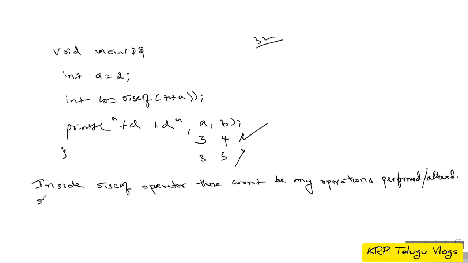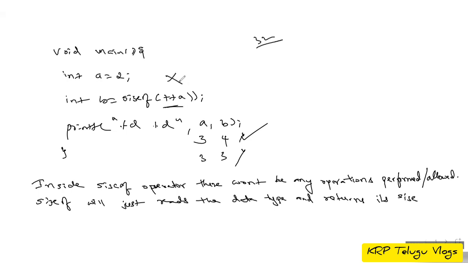Sizeof will just read the data type and return its size. So inside the sizeof operator, there won't be any operations performed.